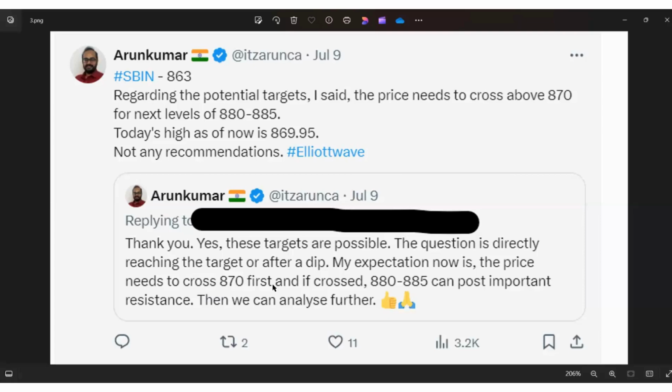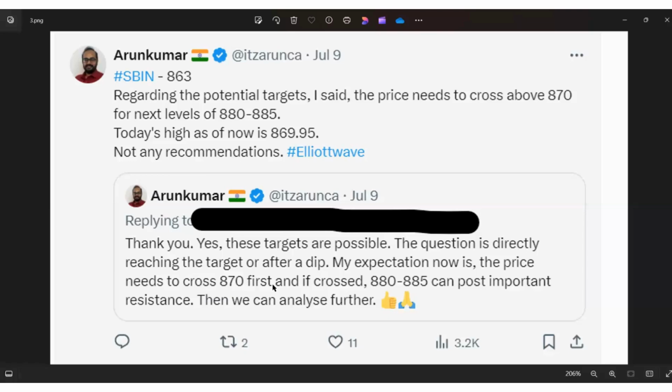See, in Elliott Waves, I want to say this thing. In normal technical analysis, we will say the price should close above this level. But in Elliott Waves, in my opinion, the price needs to cross the level is important, because in minor time frames, maybe 1 minute, it is part of an impulse or corrective, right?